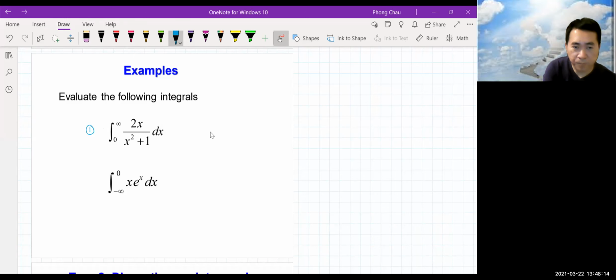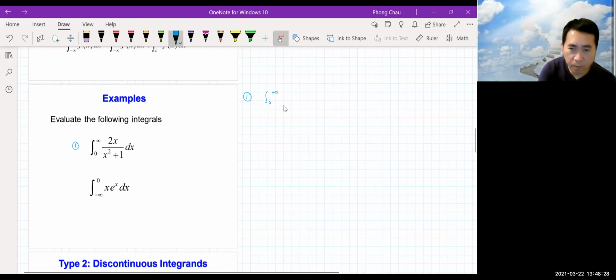With example 1, this integral from 0 to infinity of 2x over x squared plus 1 dx.